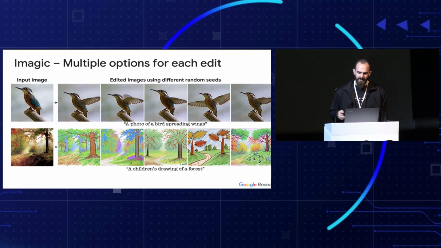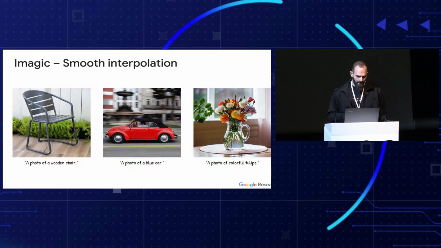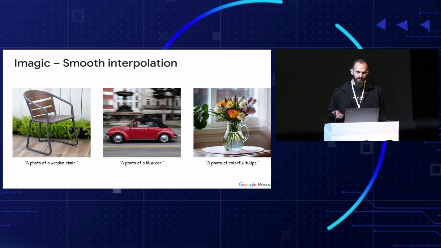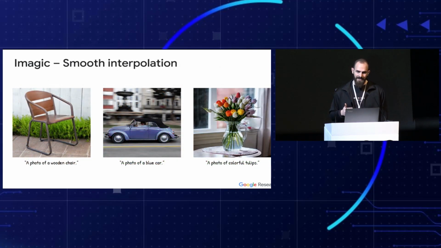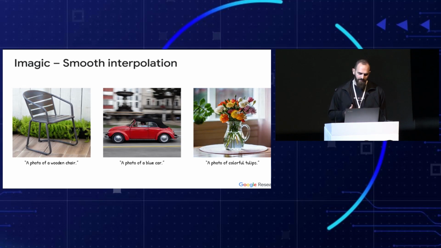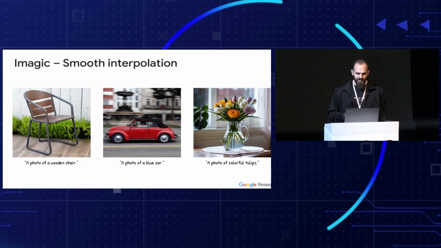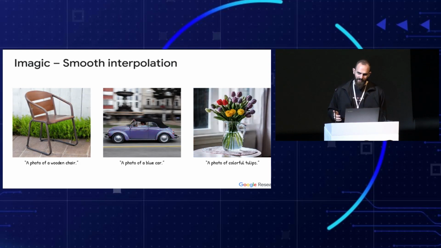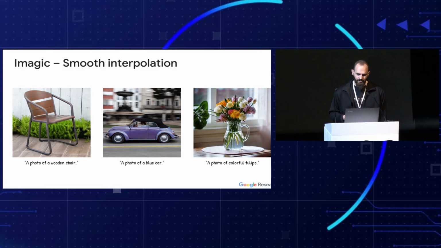So if we look at the stages of this interpolation, we notice that the movement is smooth and semantically meaningful. So let's take a look at this chair, which turns into a wooden chair. You can see the stages along the interpolation trajectory. It's just a linear line in the text embedding space, but it has very interesting implications in the image domain.